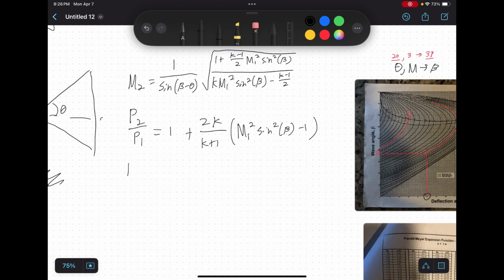And then temperature. Oh, dang, this one's massive. All right, I'll try to write it here.